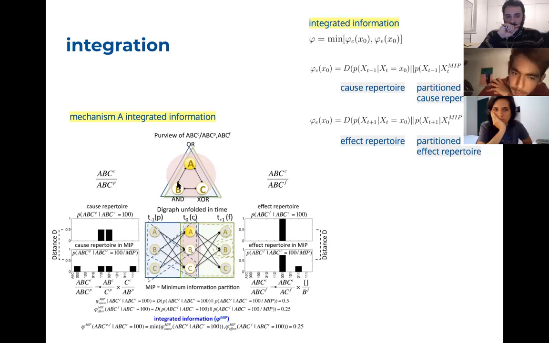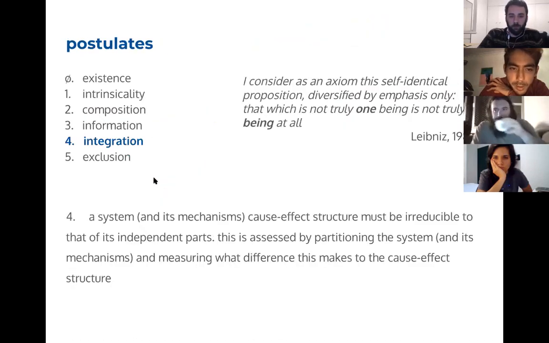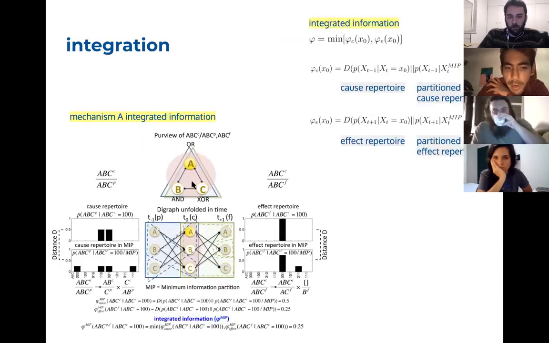This higher order mechanism is interesting because it has a lot of determinism. So if we consider this full high order mechanism A, B, and C: A is on, B is off, and C is off. A is an OR gate, B is an AND gate, and C is an XOR, so it's exclusive OR.